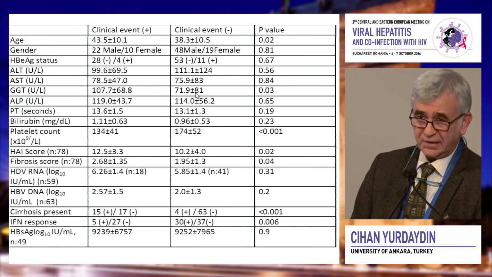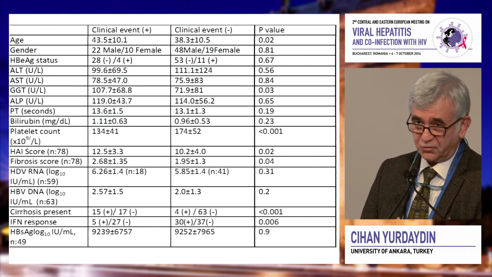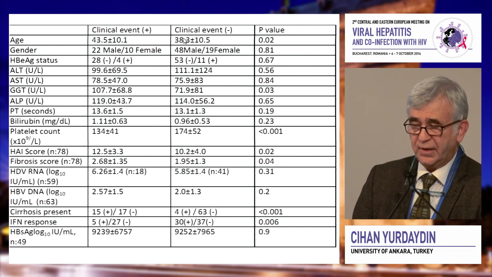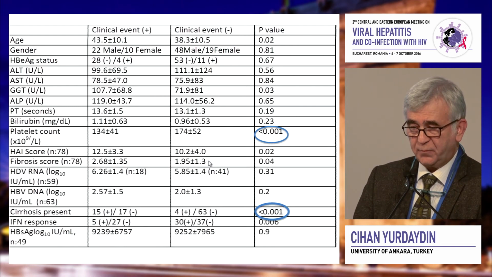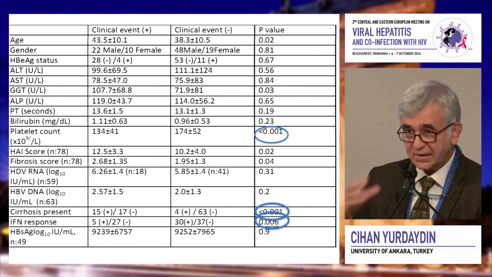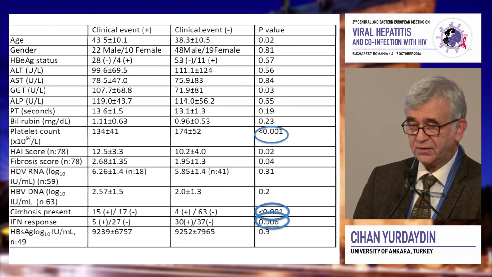In terms of clinical events, whether it's hepatocellular carcinoma development, decompensation, mortality, or liver transplantation, if we compared those patients who had a clinical event versus those who did not, patients with high platelet counts, patients who did not have cirrhosis, and patients who responded to treatment were less likely to develop a clinical event.